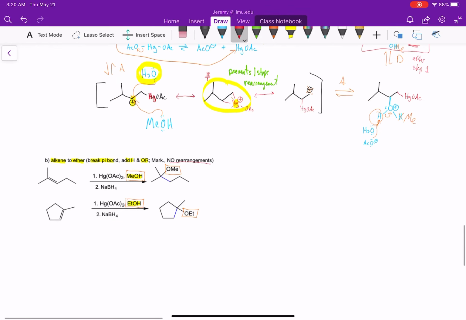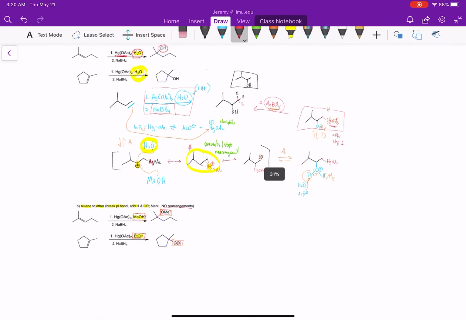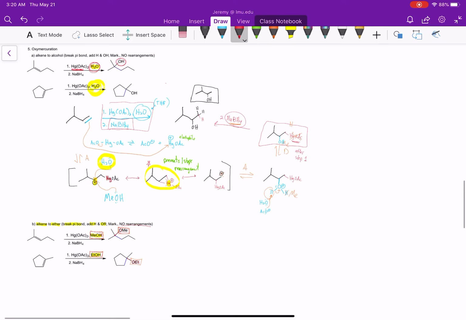If we use methanol, MeOH, we lose the H, we get an OMe, again, carbon to the O. If we use EtOH, we get our OEt, still following the rules. All right, so this is really two reactions. It's really one reaction, and we just have to pay close attention to our solvent. We can use water to get alcohols, or we can use alcohols to form ethers.